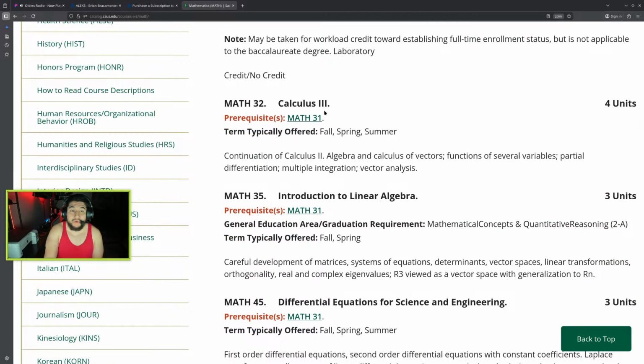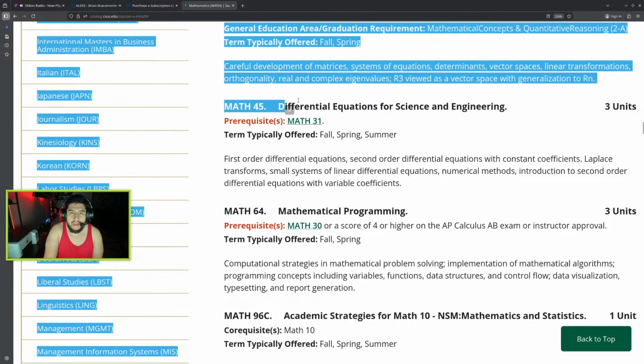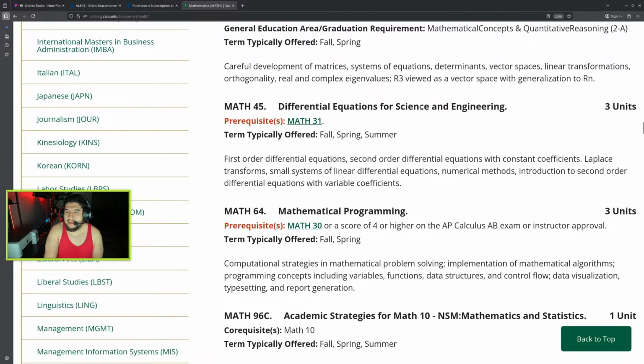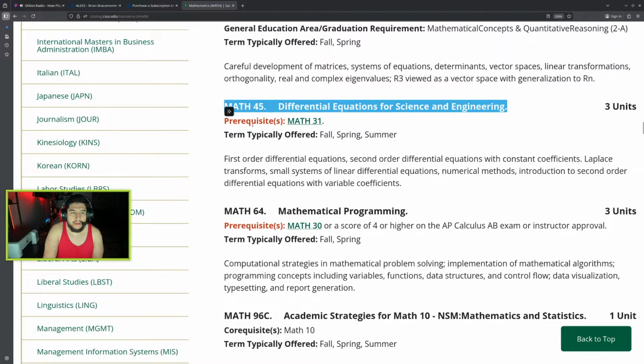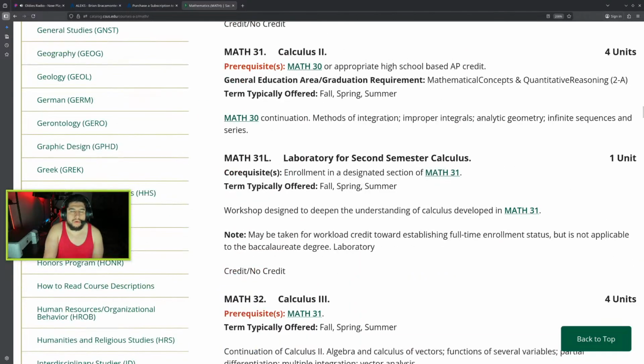And then one more math for the computer engineering degree that I need to do is Math 45, differential equations for science and engineering. The only way I could do that is doing Math 31. So skipping to calculus will unlock more classes for computer engineering and physics and yada yada.